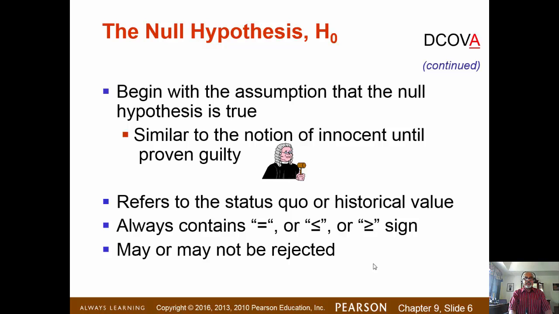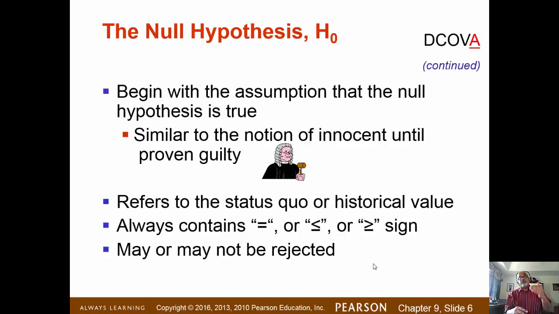So the null hypothesis is about the a priori condition, the rights and privileges that are assumed. And only when a contrary situation is proved, then you reject the null hypothesis. So that's one overriding principle that you need to keep in mind when developing null hypothesis.